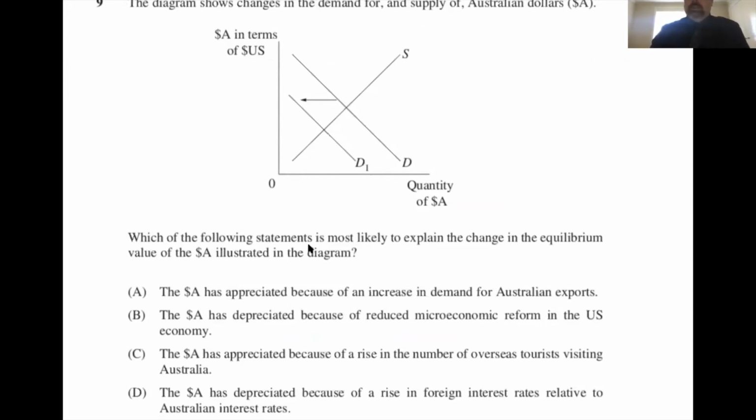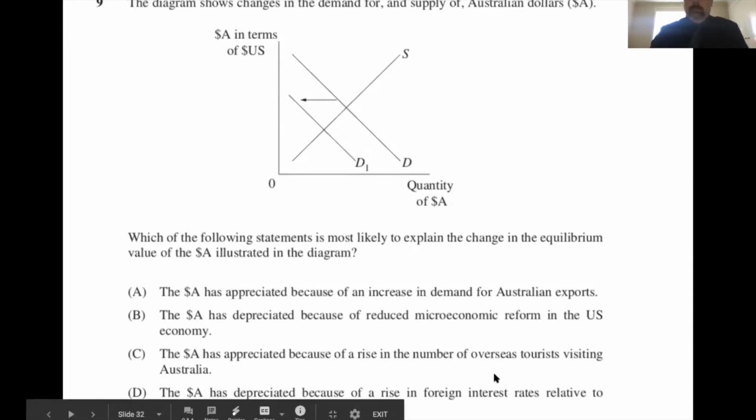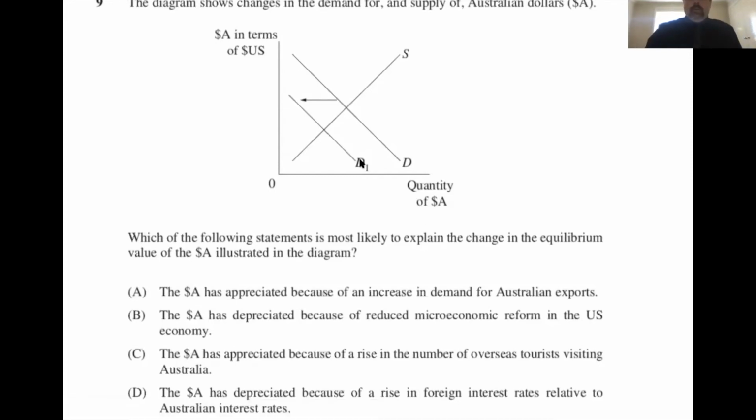Which of the following statements is most likely to explain the change in the equilibrium value of the Australian dollar illustrated in the diagram? All right, so first of all, we know that there is a decrease in demand. It's a shift to the left. The other key word is we're looking at the change in equilibrium, okay?